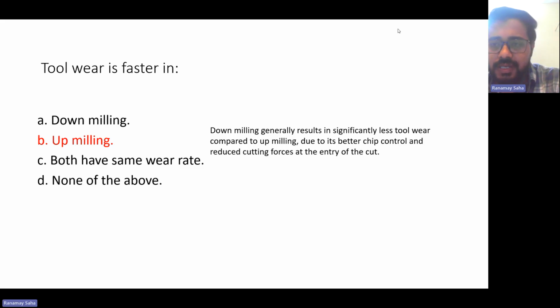Because of fluctuations in cutting forces, tool wear is larger in upmilling. Downmilling generally results in significantly less tool wear and reduced cutting force because both are moving in the same direction. I hope this is clear to you.